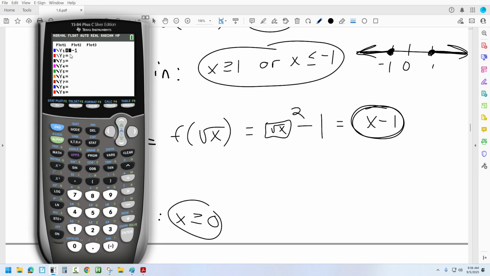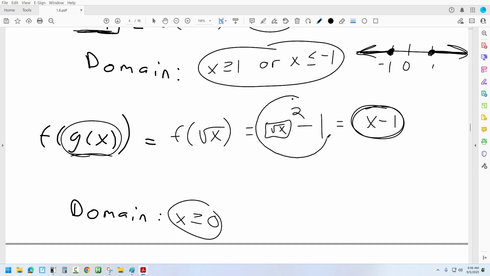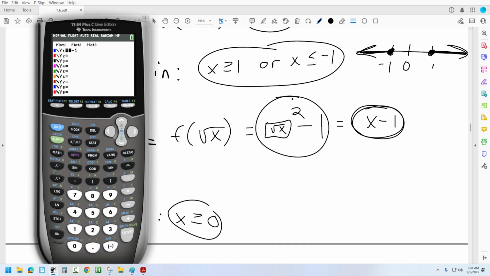If you type it in this way, then the calculator will know that there was a square root there to begin with, and it's canceling out, and it will draw it properly. So you type in square root of x squared minus 1. Now, it only draws it 0 and up because it knows the original function was a square root. Any question on that?